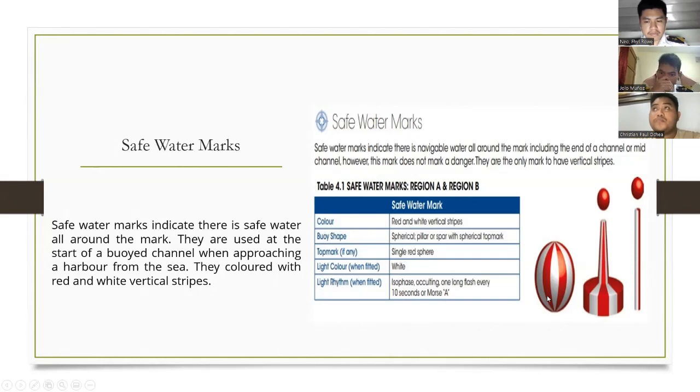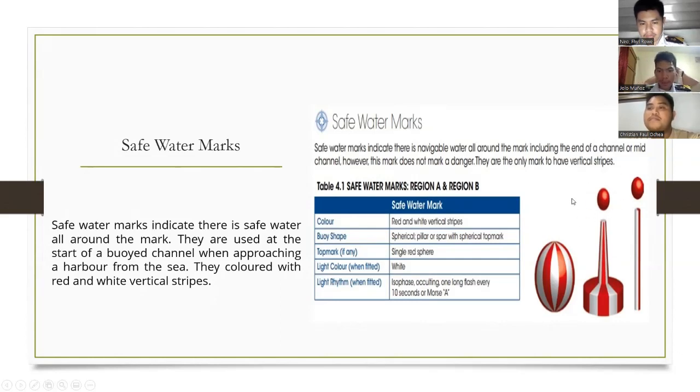So for Table 4.1, safe water marks, region A and B, the color of the safe water mark is red and white vertical stripes, and the buoy shape is spherical, pillar or spar with a spherical top mark. The top mark, if any, is a single red sphere.